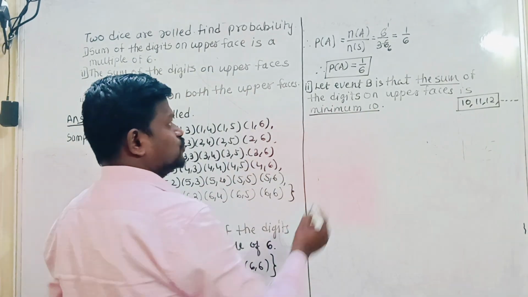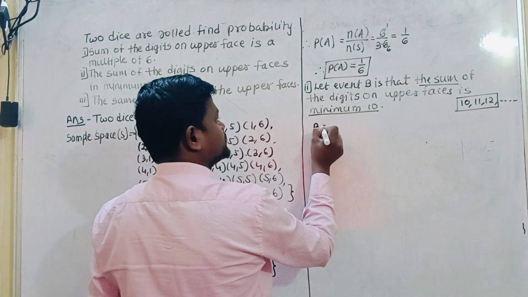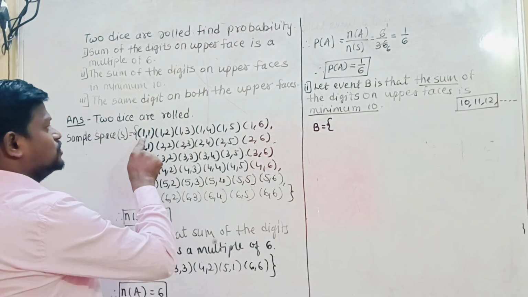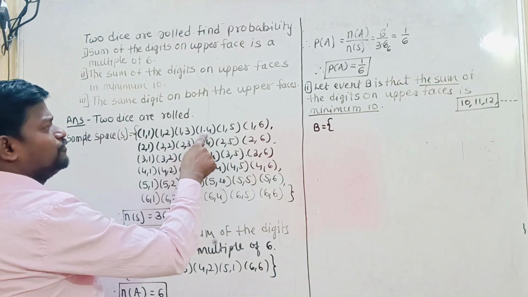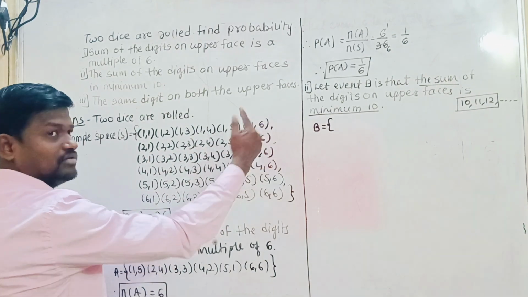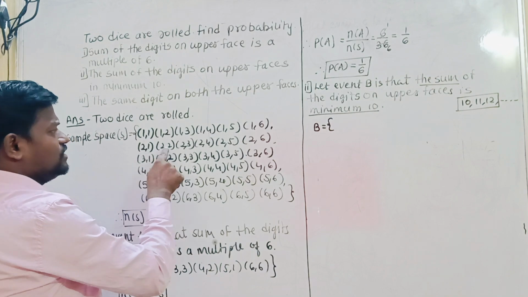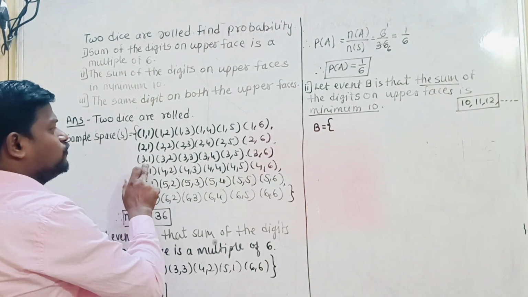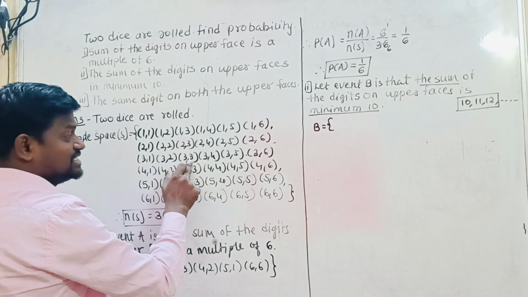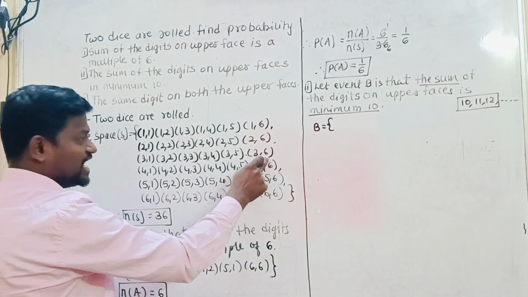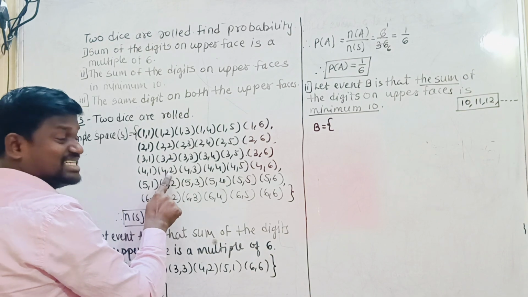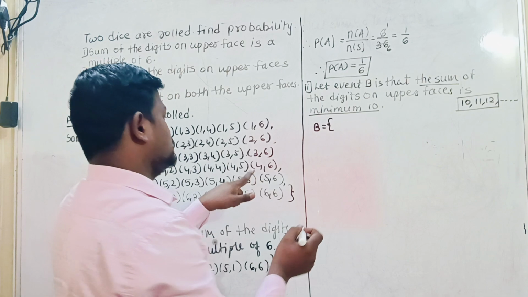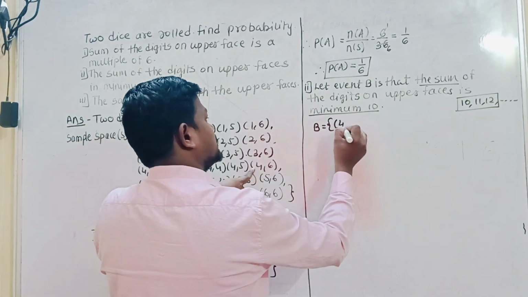Okay, so event B, let's take out 2, 3, 4, 5, 6, 7. 3, 4, 5, 6, 7, 8. 4, 5, 6, 7, 8, 9. 5, 6, 7, 8, 9, 10. So this is our answer.